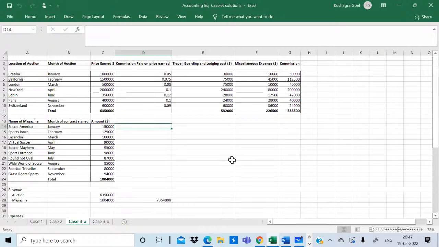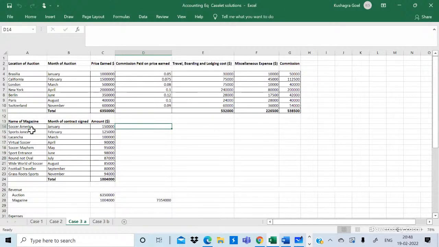The data about the money, the expenses and the revenues that she's generating is given on the next page, in table number 1 and 2 in the caselet, which talks about how much money she's receiving by selling the paintings across the globe, and how much she's receiving by selling it to different magazines.